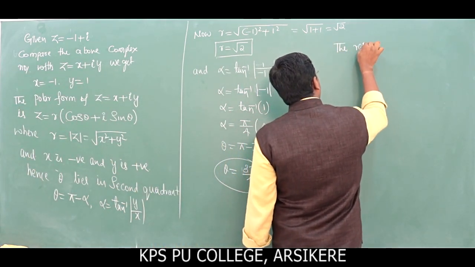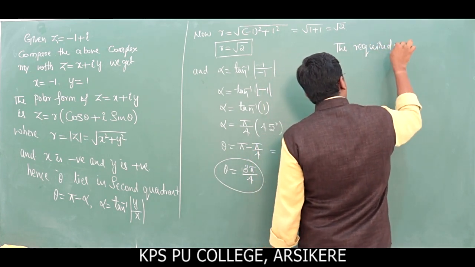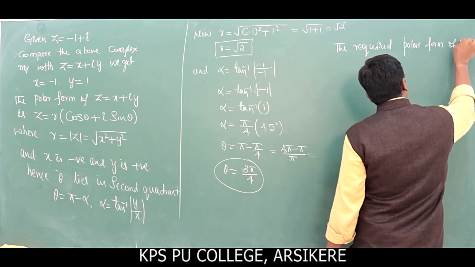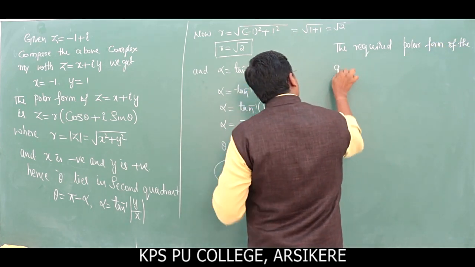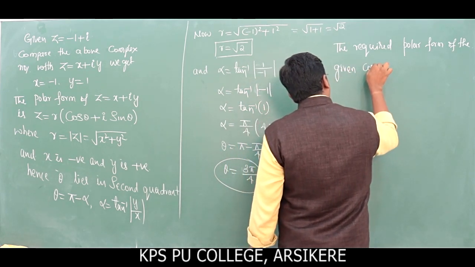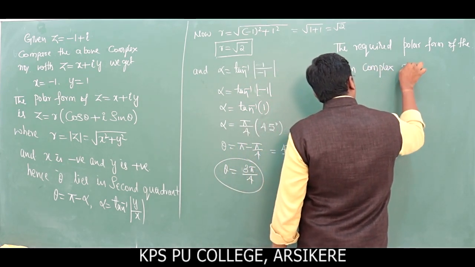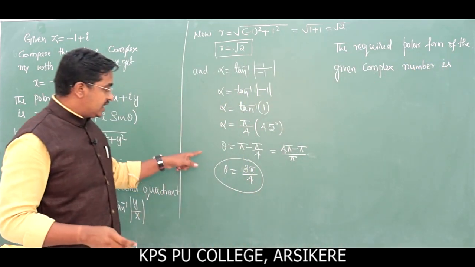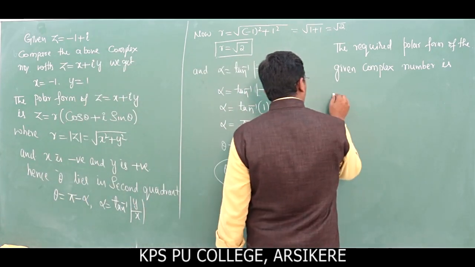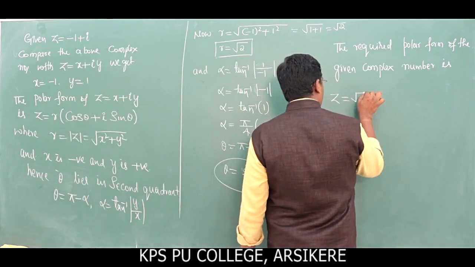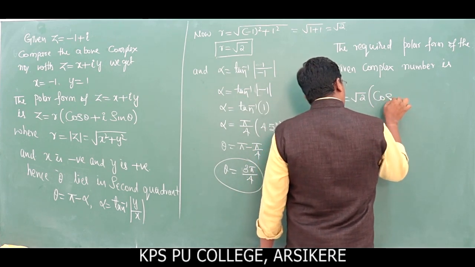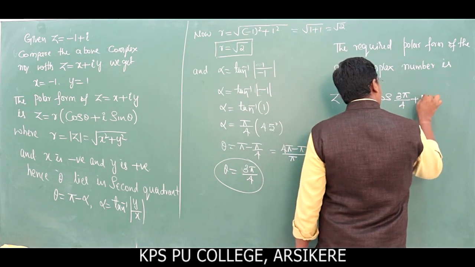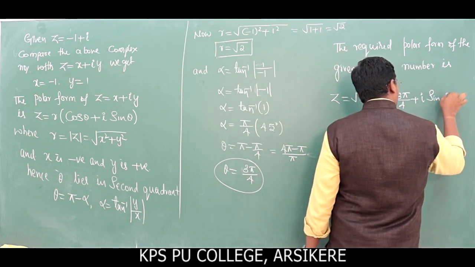Therefore the required polar form of the given complex number is, so now tell me what is z? z is equal to, on substituting r and theta, what we obtained? z is equal to square root of 2 times of cos of, what is theta here? 3 pi by 4, plus i times of sin of 3 pi by 4.